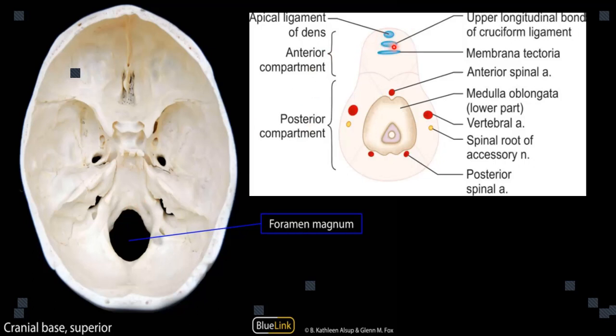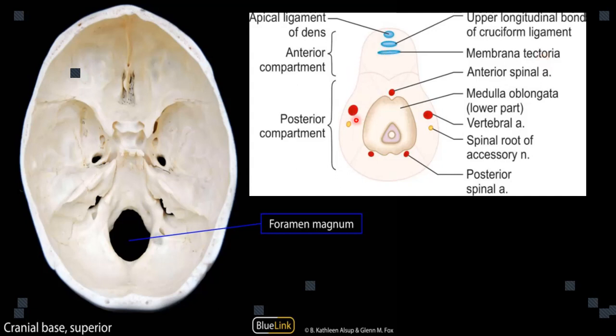Behind that, you have the upper longitudinal band of the cruciform ligament and the membrana tectoria. The membrana tectoria, or the tectorial membrane, is considered as the upward continuation of the posterior longitudinal ligament. Okay, so from the posterior aspect of the body of the axis to the basi-occiput.